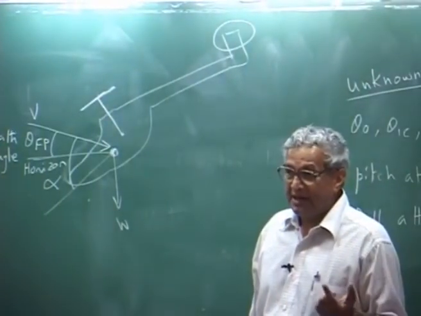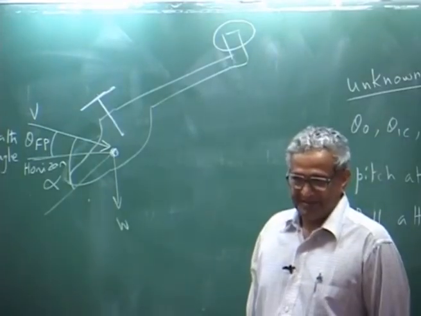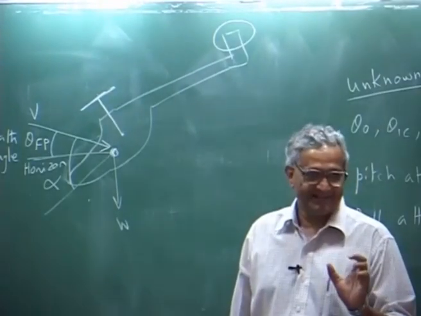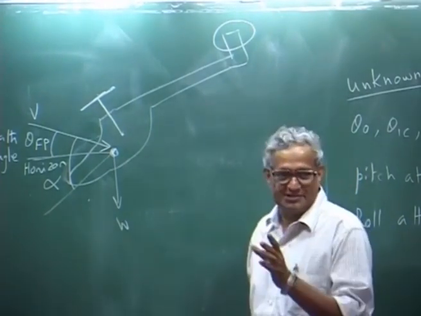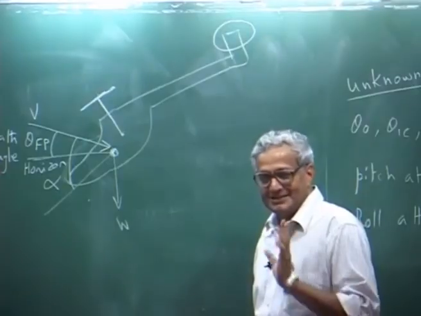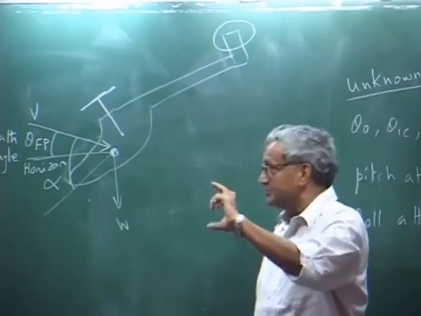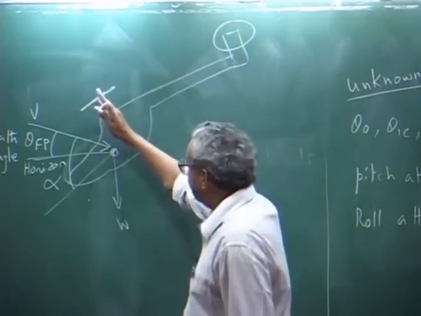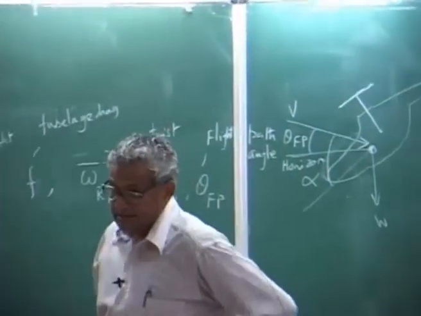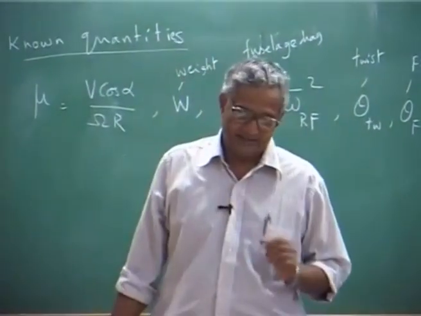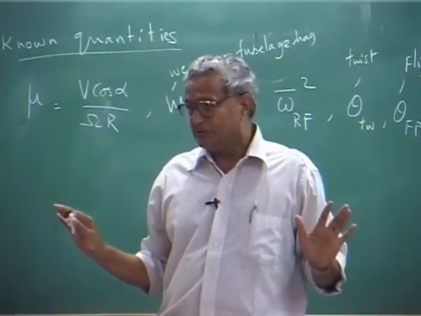On the other hand, if the hub is tilted a little bit with respect to the fuselage, then you have to take that into account in the transformation. Usually sometimes it is tilted by 2 degrees, something like that. The shaft itself will not be perpendicular, that will be slightly tilted. So, these are small details which one has to consider when you are writing the equilibrium equation.